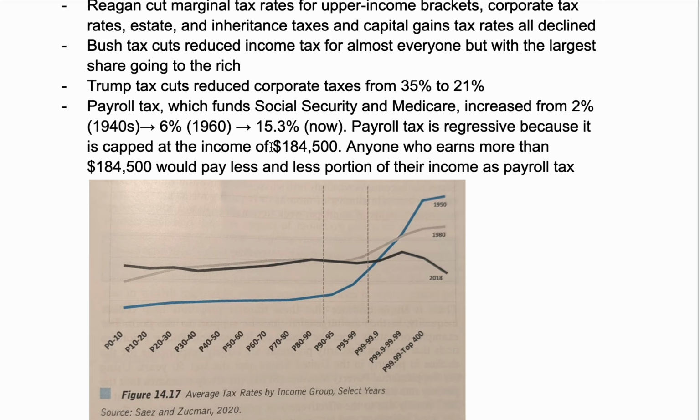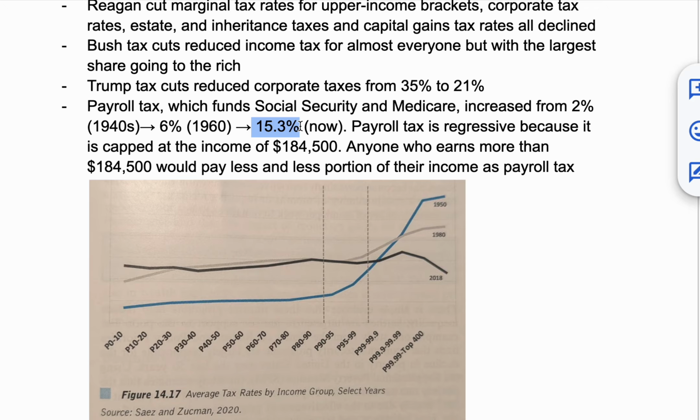Okay, so if you earn, let's say, $284,500, only $184,500 of that income will be taxed at the rate of 15.3%. Therefore, that person has additional income of $100,000 that is not taxed. That is neglected. 0% tax on that. There is income tax, but that's not what I'm talking about right now. I'm talking about payroll tax.